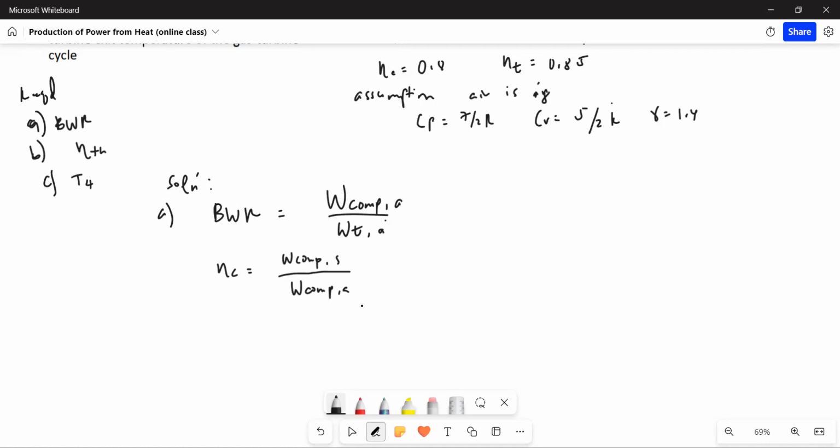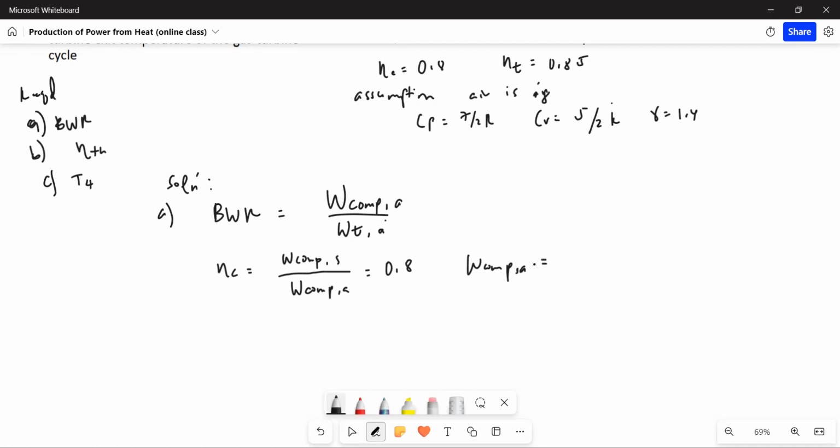This is for the compressor, and it is equal to 0.8. S is for the ideal or isentropic, A is for the actual or real-world work. Rearranging the equation, we isolate the denominator, the work of the compressor, actual. That's what we need.